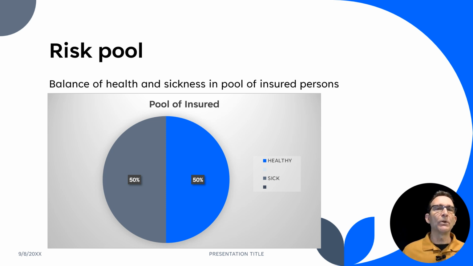In that risk pool, it's really important for the insurance company that there's a balance of health and sickness in that pool of insured persons. It's never probably going to be exactly 50-50 like you see in this diagram, but the insurance company's goal is to have, preferably, more health than sickness in any given pool of insured.